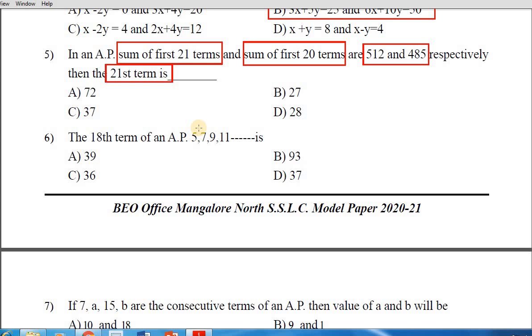But here they are asking the 21st term. It means to solve this problem we use the formula Sn minus Sn minus 1 equals An. In simple words, the sums they have given here are 512 and 485. Subtract these two numbers, we get our answer B, 27.